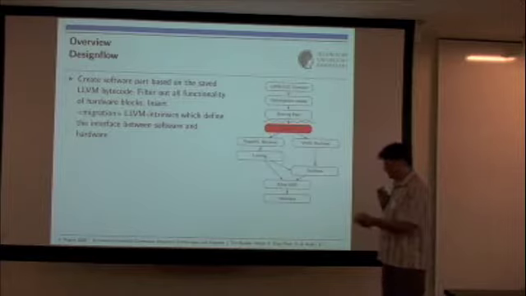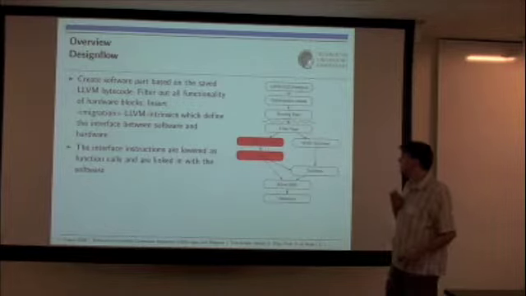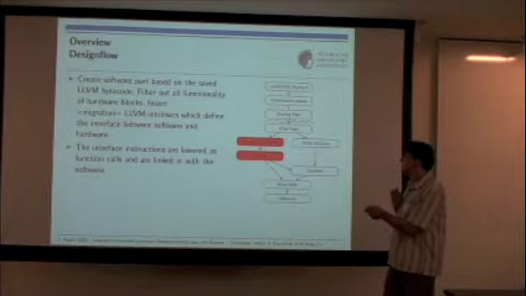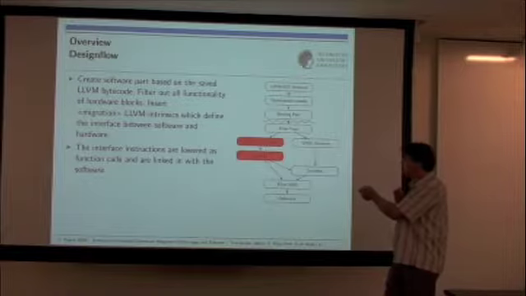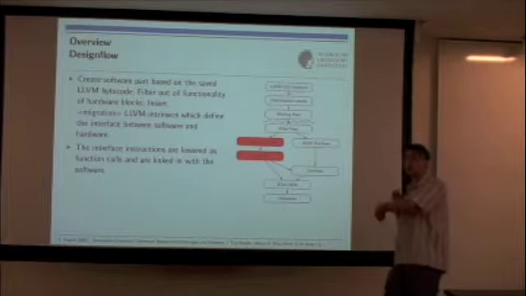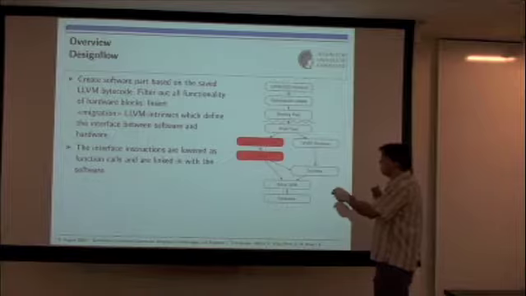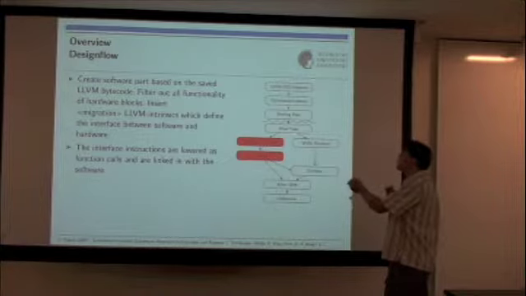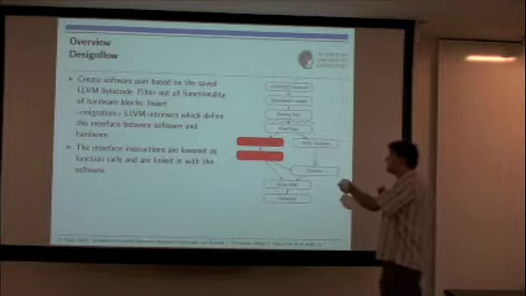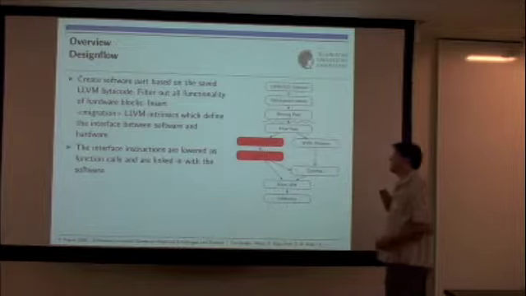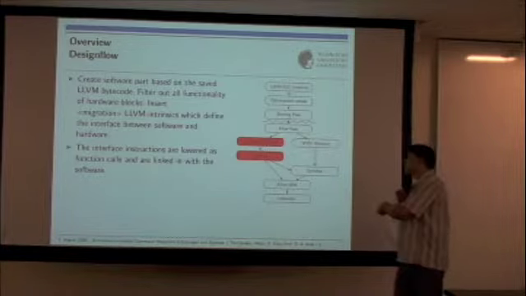I'll continue with the software side. The filter pass has a command line argument, and I can tell the filter pass if it should filter for software or for hardware design flow usage. So if I'm on the software side, the filter pass has been instructed to filter out all the hardware blocks, all the blocks which are to be run on the hardware.